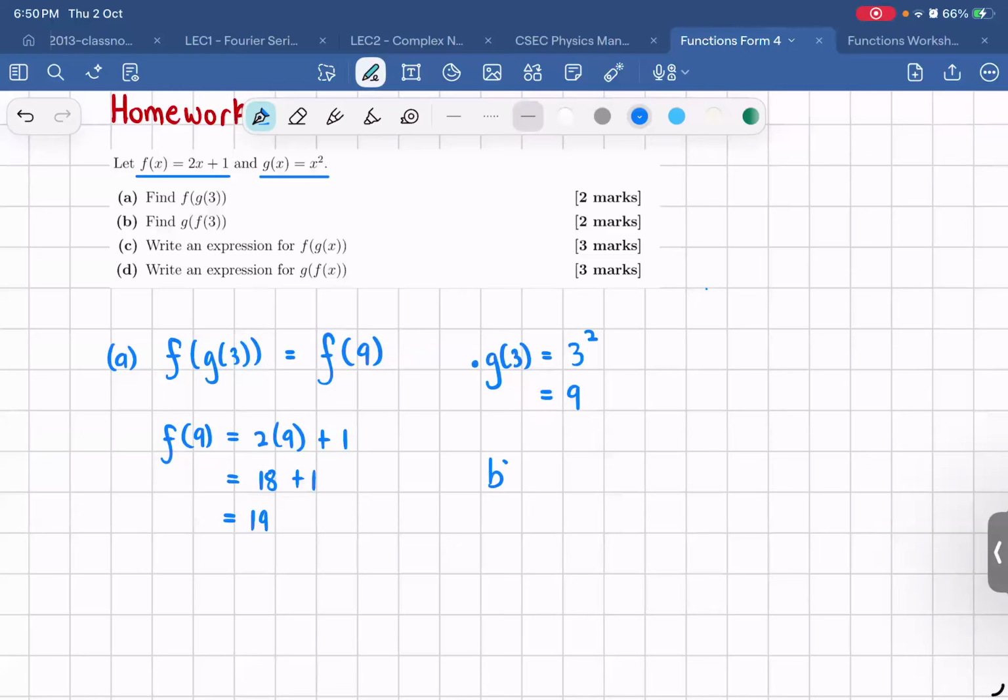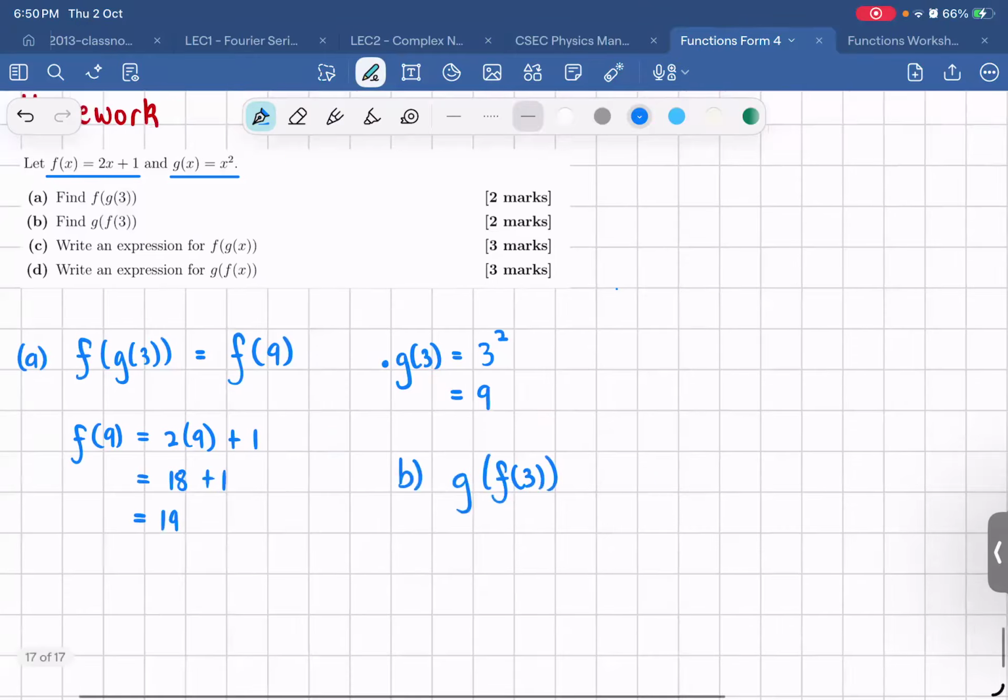In B, we have g of f of 3. So what's the inner function? f. f of what? 3. Nice. So we could actually find a value for f of 3. Which function would I be using to find f of 3? f.